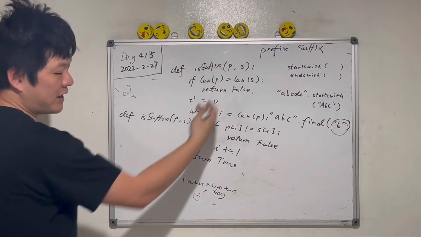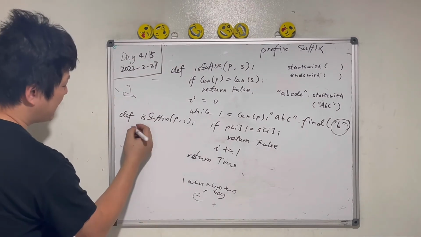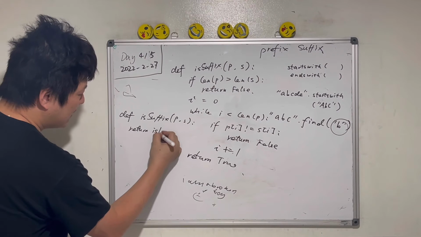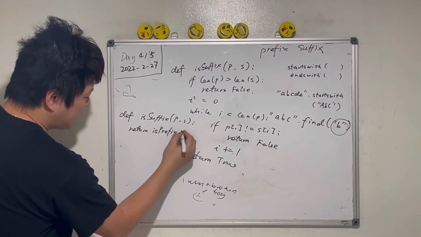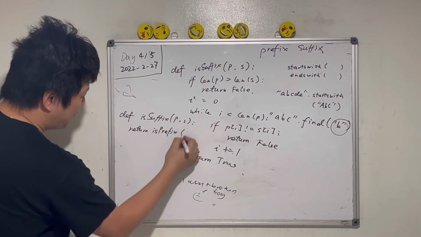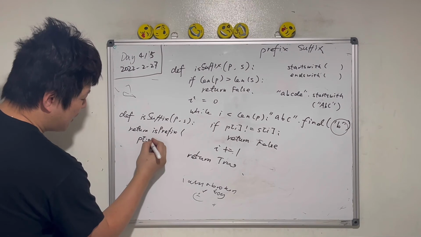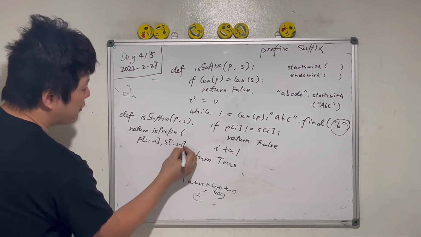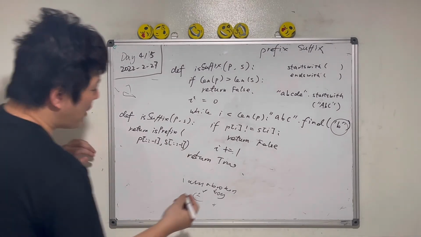If we still have the original prefix thing, so we can say return is prefix. Then we reverse p and s, P colon minus 1, S colon minus 1. Yeah, we reverse both.